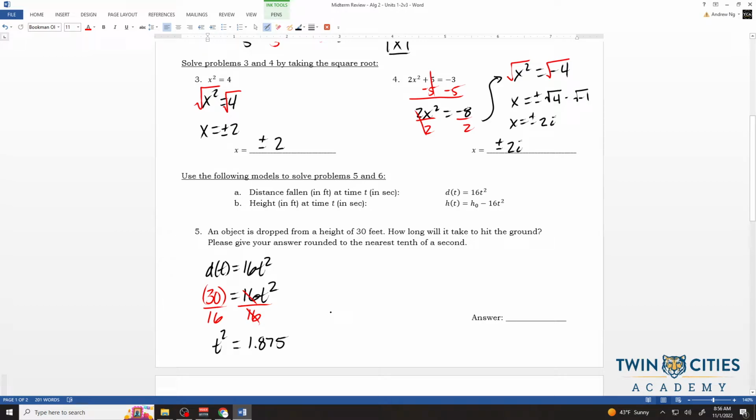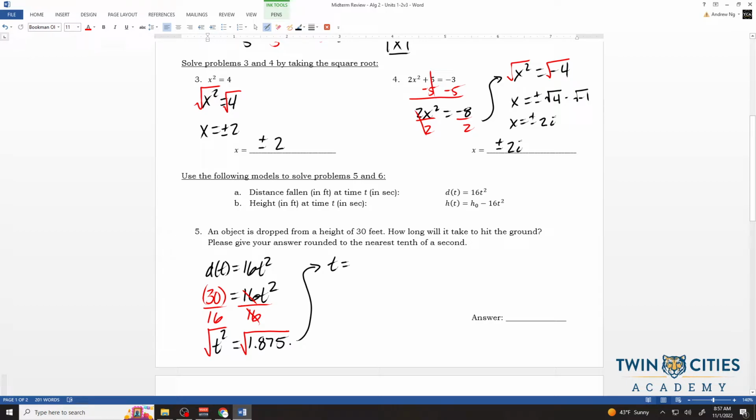All right, now let's take the square root. Normally, when I take the square root here, I'll get t equals, and then I would do a plus or a minus. Except because we're talking about time, it doesn't really make sense for something to fall negative, say, 3 seconds.